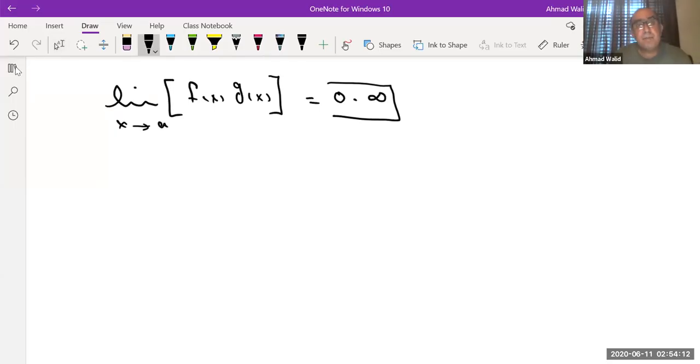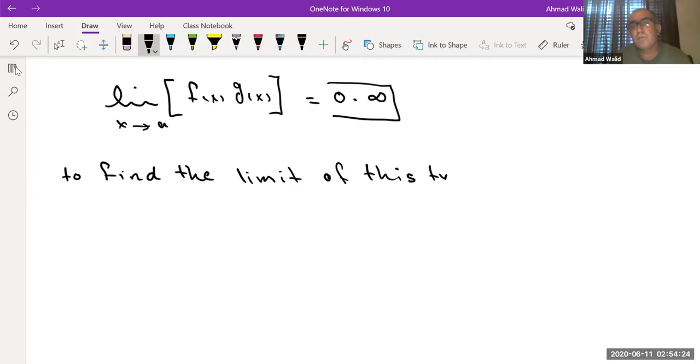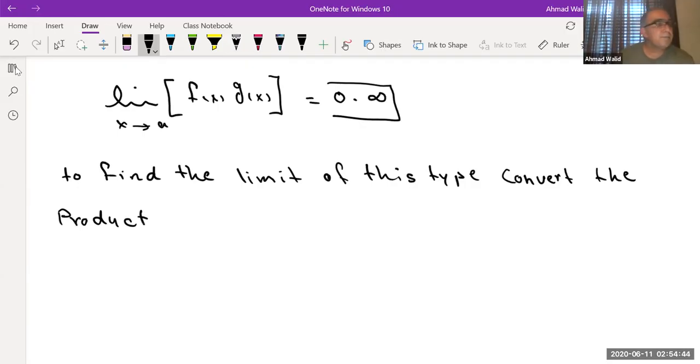To find the limit of this type, convert the product of f times g to a quotient, right?